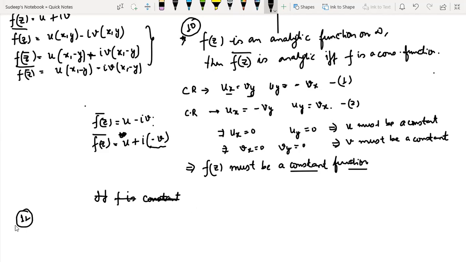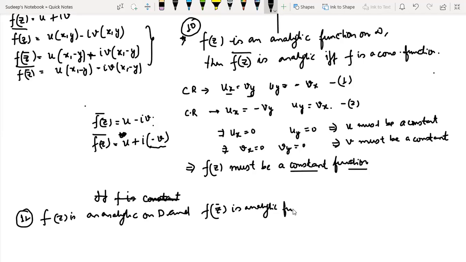So if f(z) is an analytic function on domain D, and f(z) bar is an analytic function if and only if f is a constant function.